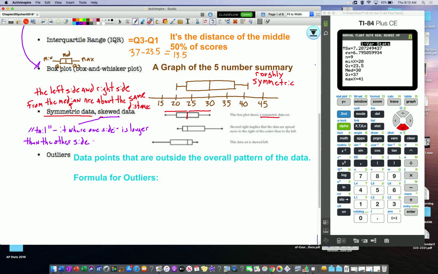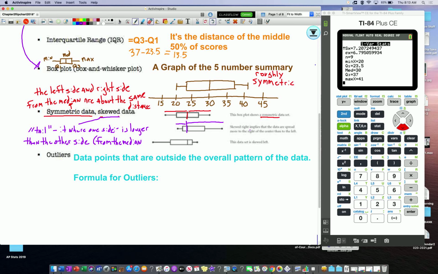Again, I'm just going to put in parentheses here, from the median. So to finish this up, notice how here's my median, and if I look here, the right side is much longer than the left side.